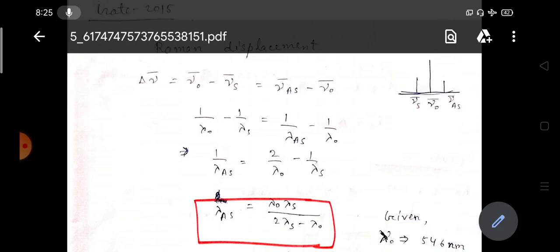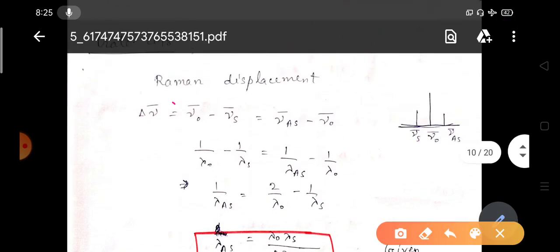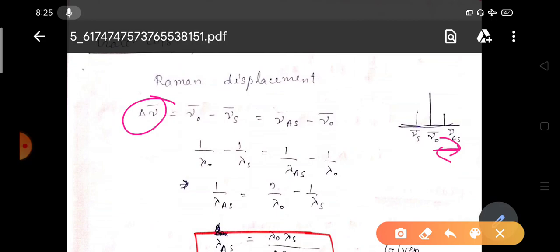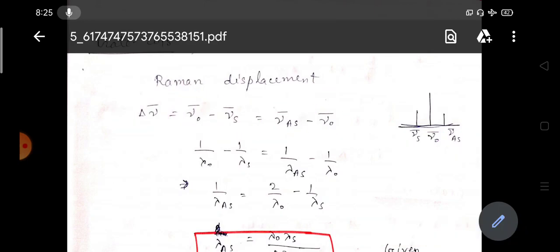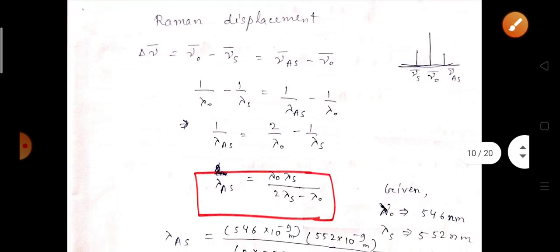The separations between the lines are the same, so delta nu bar equals nu naught minus nu s, where nu naught is for the unchanged frequency line and nu s is for the Stokes line, which will be equal to nu anti-Stokes minus nu Rayleigh, that is nu naught.